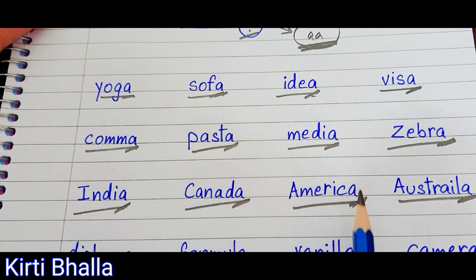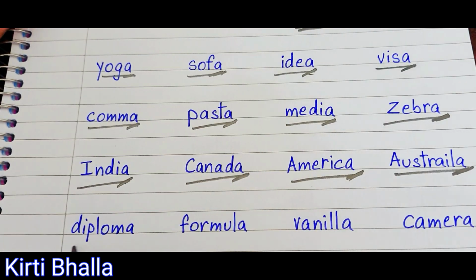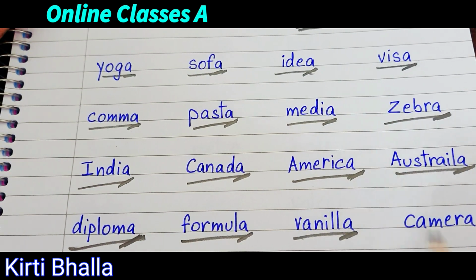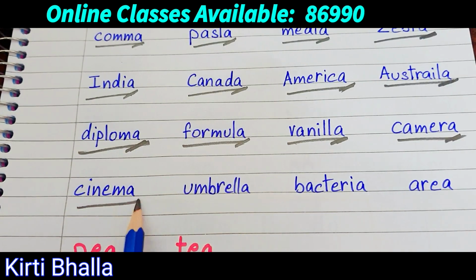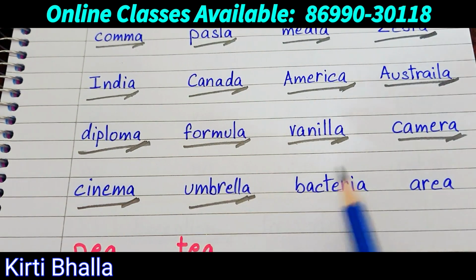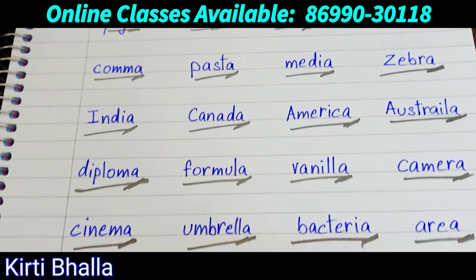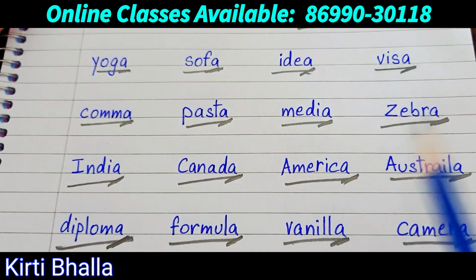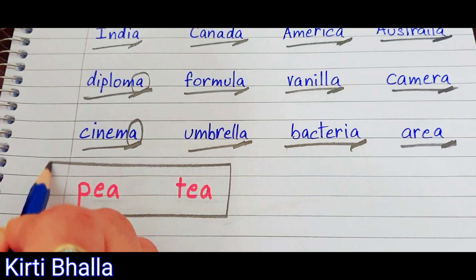The ending A is giving you an "uh" sound. Next, diploma, formula, vanilla, camera, cinema, umbrella, bacteria, area. Now in all these words we have letter A at the end and it's giving you an "uh" sound.